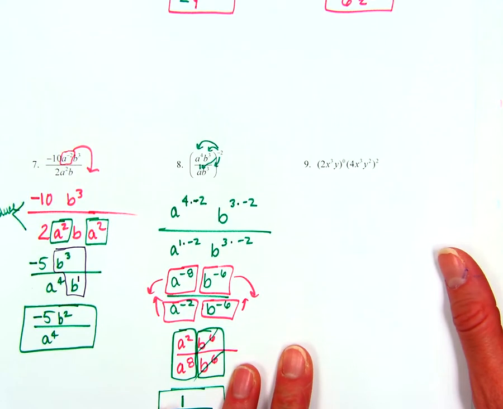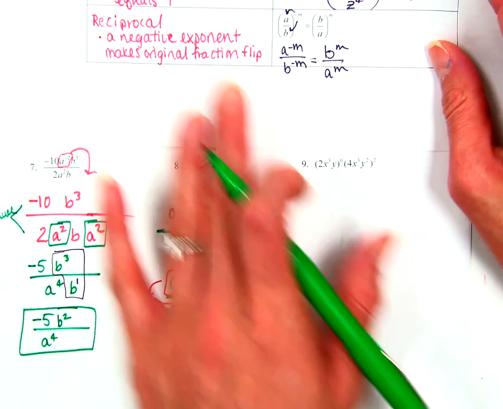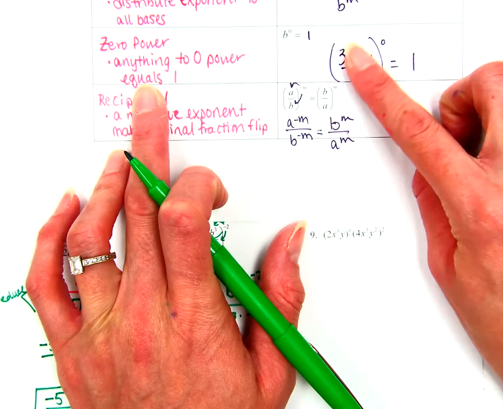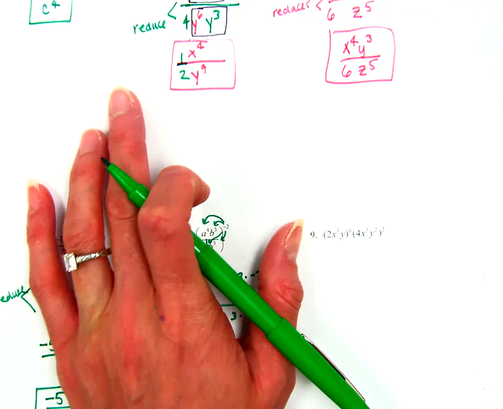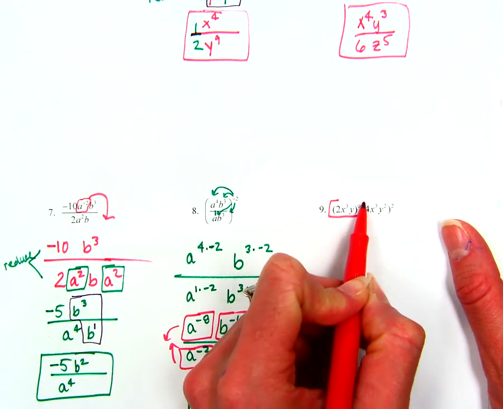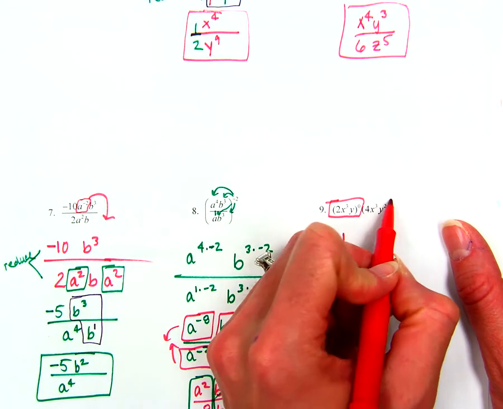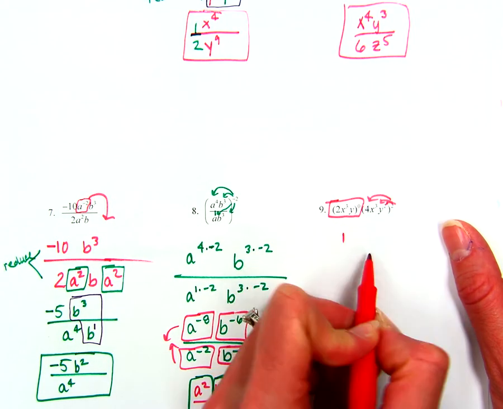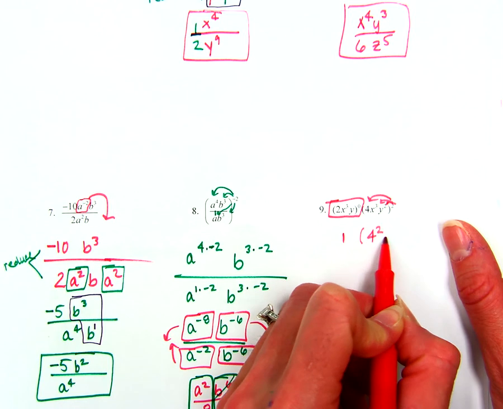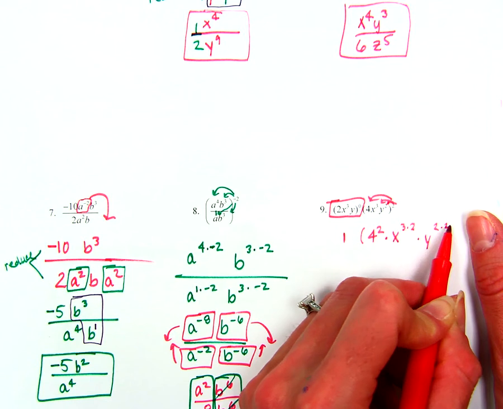All right, last problem. So I see a 0 power, and we said anything to the 0 power is equal to 1. Okay, but that doesn't mean the whole entire problem is equal to 1. Just this part. This is the only thing that's being raised to the 0 power. So this is equal to 1. For this side, I need to square everything, which includes doing 4 squared, x to the 3 times 2, and y to the 2 times 2.